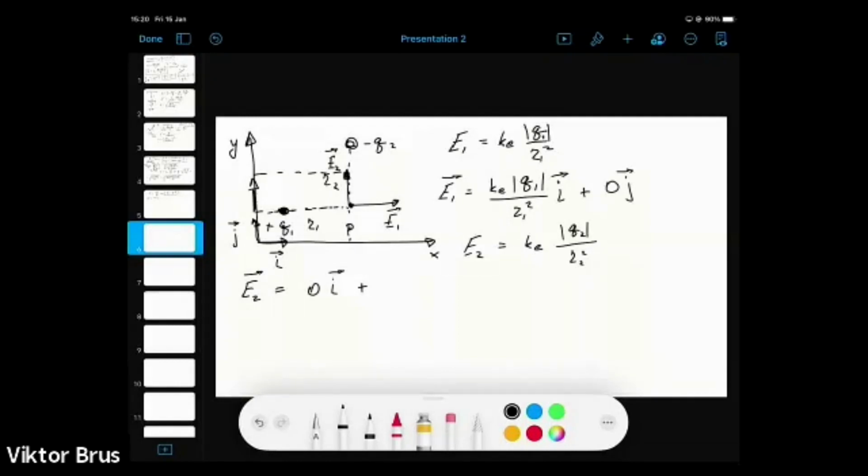So in this case, it will be Ke times the absolute value of Q2 divided by R2 squared times J vector.